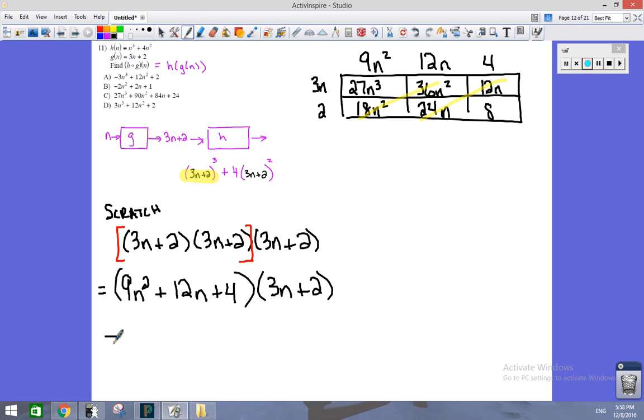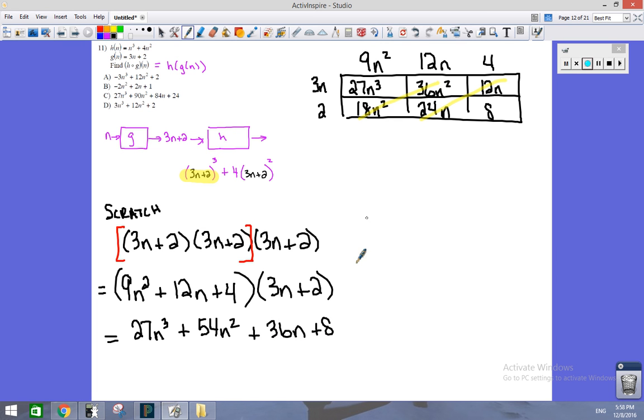So I claim that this trinomial times this binomial is 27n cubed plus, well, 18 and 36 might be 54. And then 24 and 12, that should be, I think, 36.